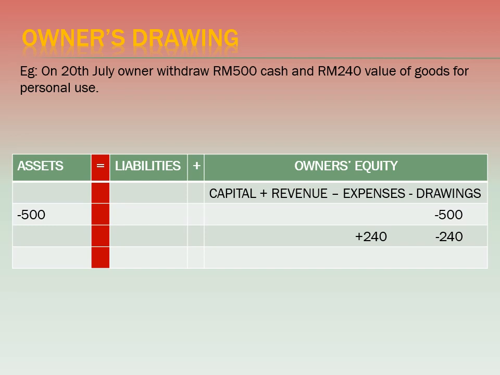So the symbol that must be used is plus 240 under the expenses column, and negative or minus 240 must be put under the drawings column. These are the effects if you withdraw inventory or goods for the owner's personal use.